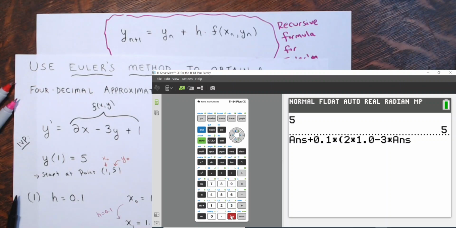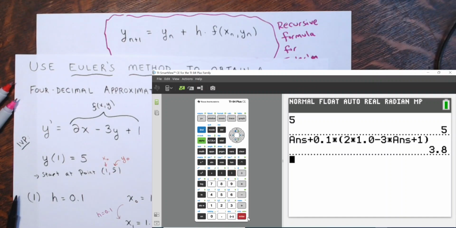And then plus 1, right? Close parentheses. So there's y sub n plus h times f of x sub n, y sub n: 2 times x sub n minus 3 times y sub n plus 1. All right, and I'll hit enter on this, and you see 3.8.